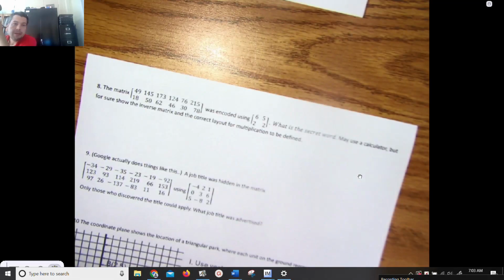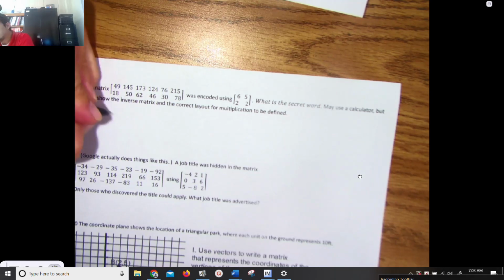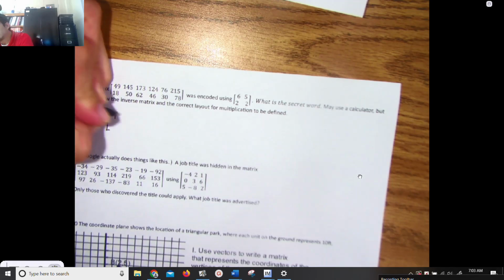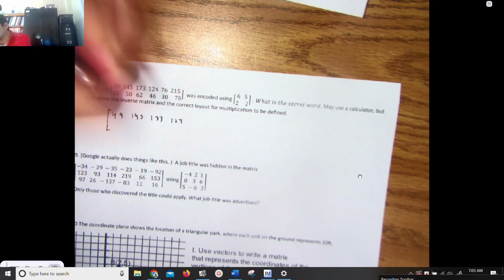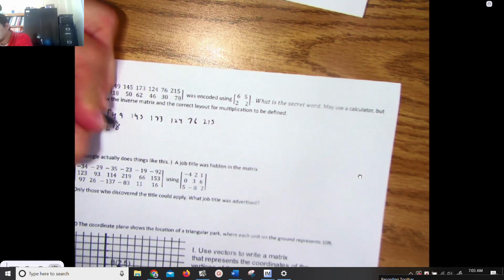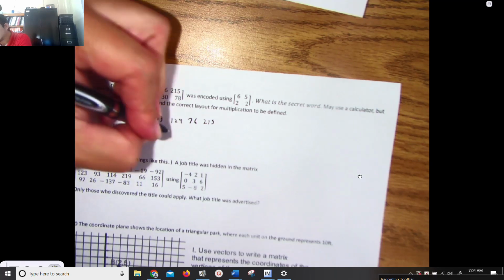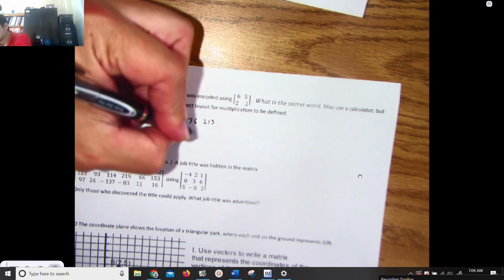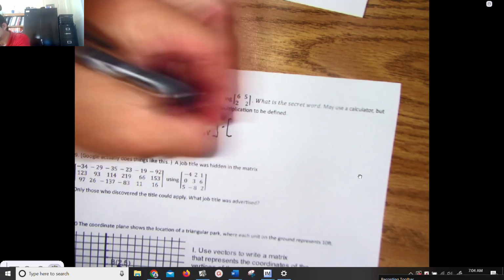All right, so this matrix was encoded using 6522. What is the secret word? All right. What we're going to do is we're going to take this matrix and we're going to multiply it by the inverse.